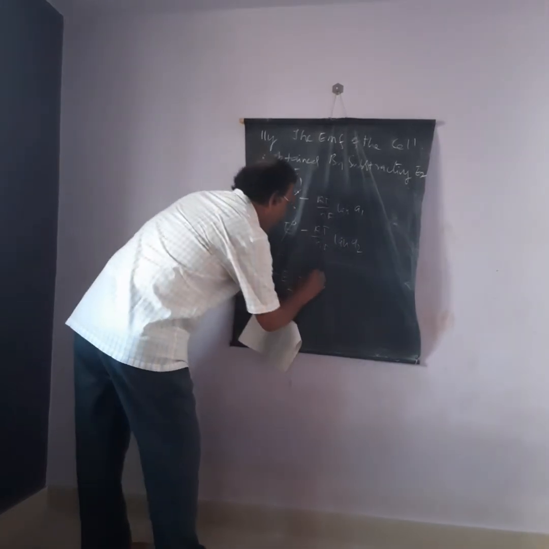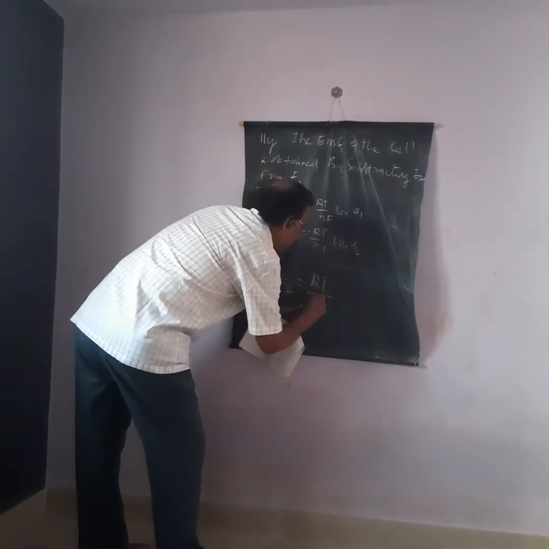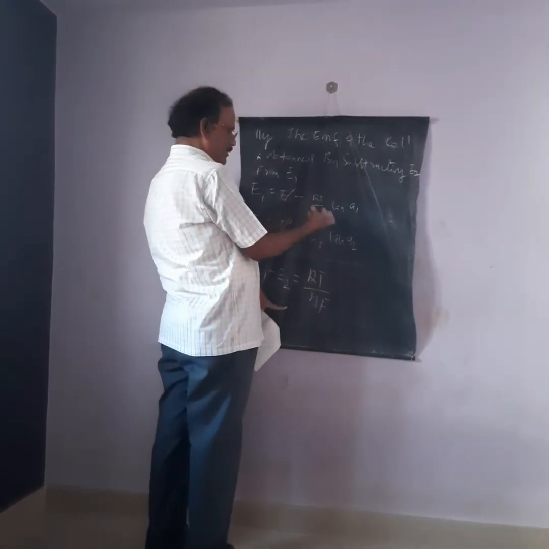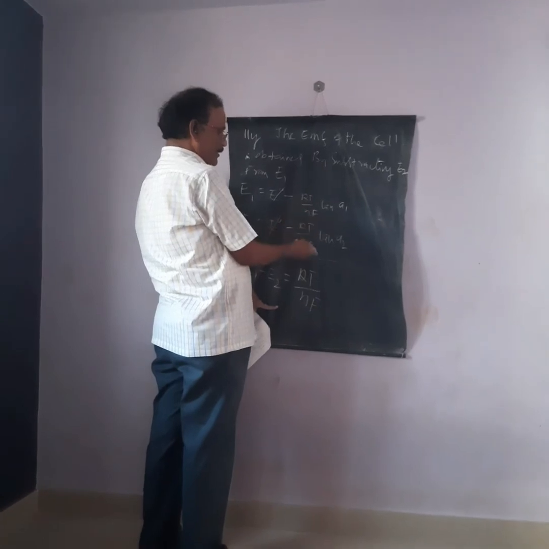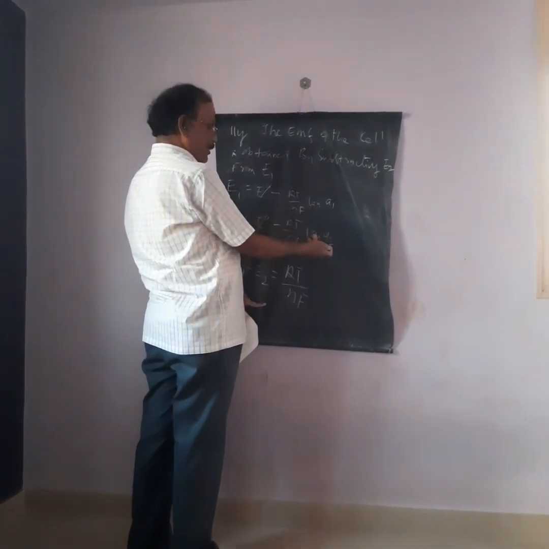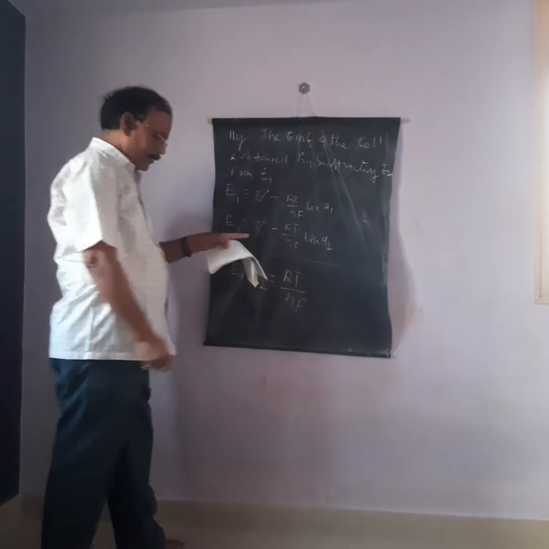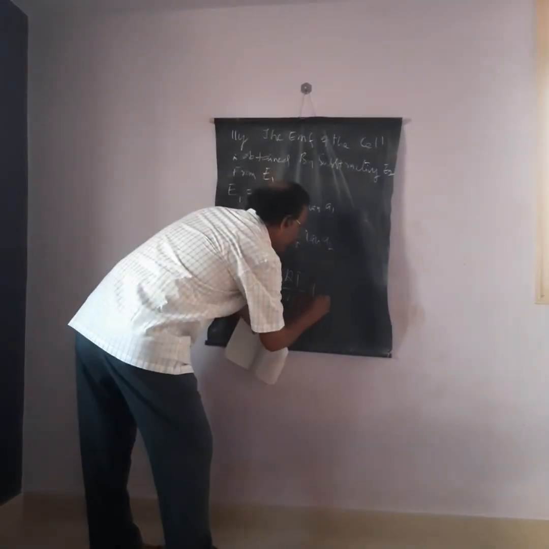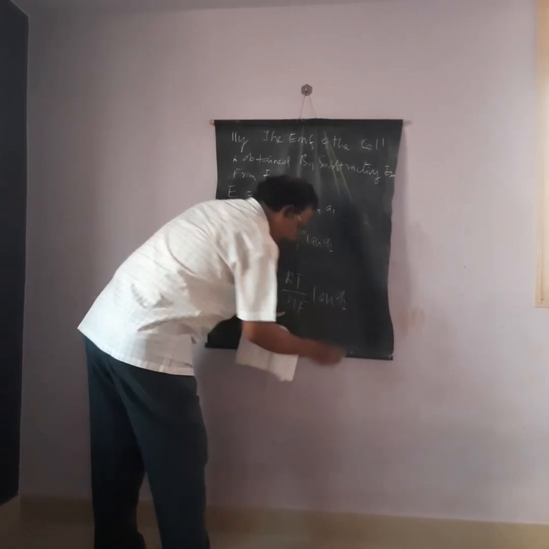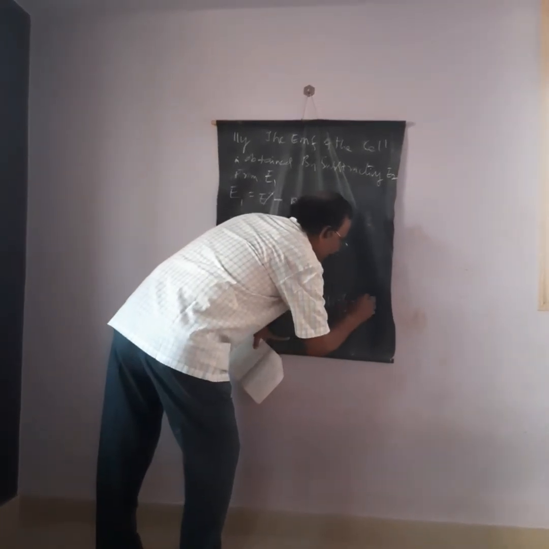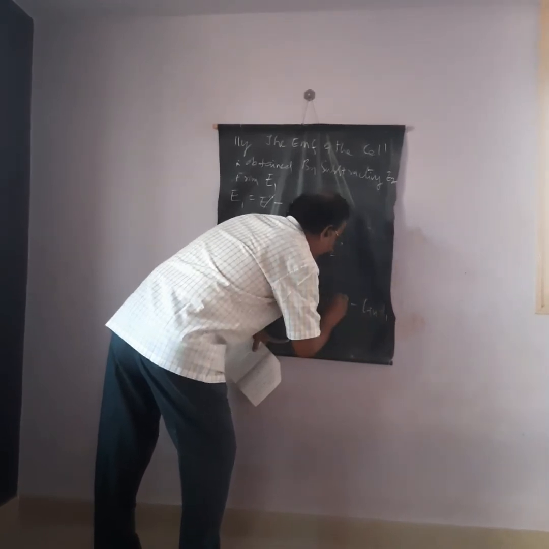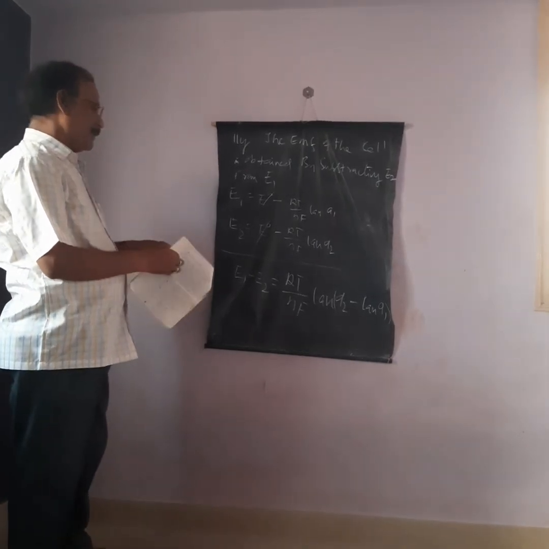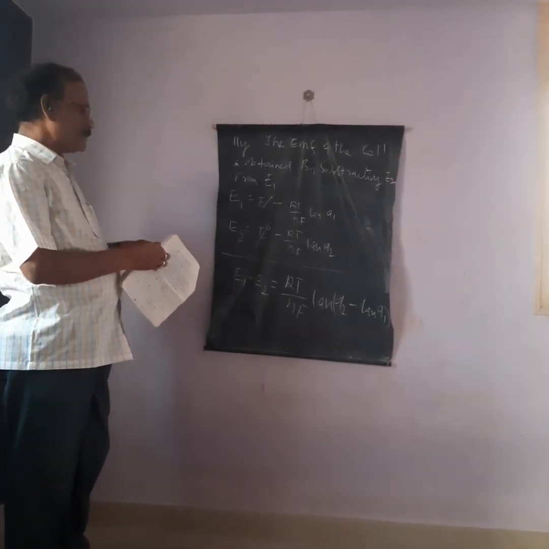Equal to RT divided by nF, minus into minus is plus, so this is positive and this is negative: RT by nF into ln A2 minus ln A1.